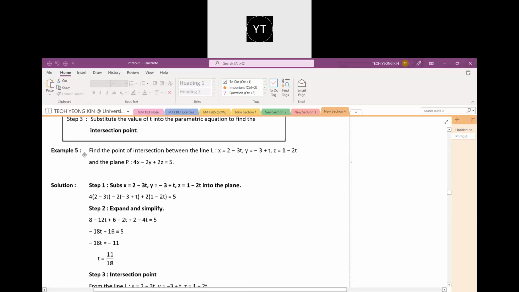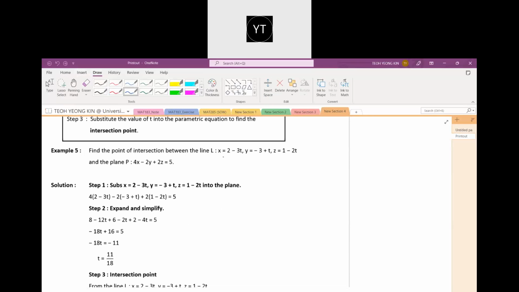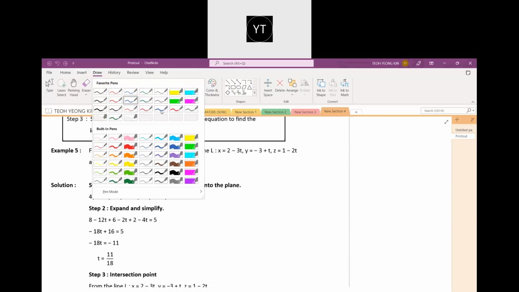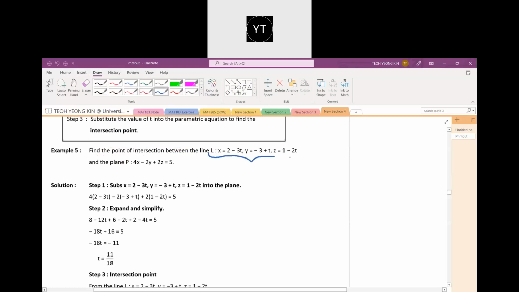Look at example 5: find the point of intersection between the line. This line is, if you still remember, parametric. In this video, we look at the parametric equation and a plane. We can see that x is in terms of t, y also in terms of t, and z also in terms of t.